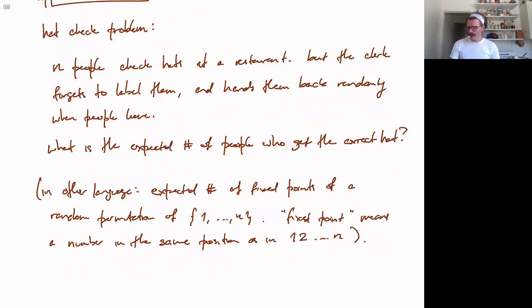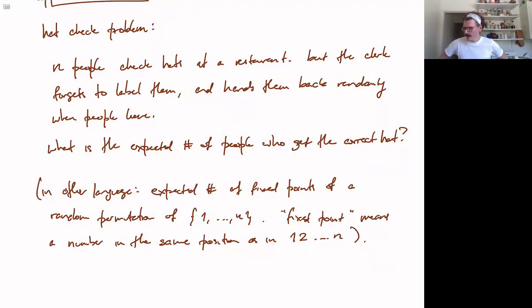So you can interpret this as asking for the expected number of fixed points of a random permutation. You can also think of it as how many people get the correct hat back from the hat check, and that's the language that we will use when we are solving it.